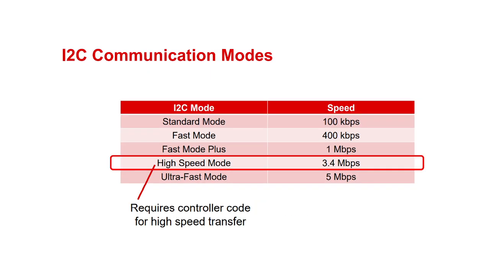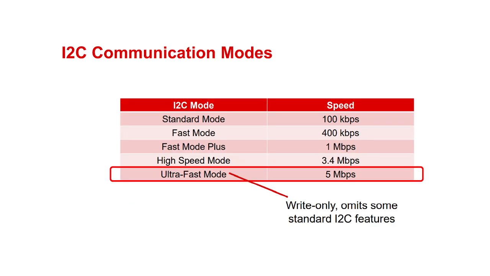High speed mode requires a controller code for high speed transfer, and ultra fast mode is write only and omits some standard I2C features. So these are the different types of communication speeds present in the I2C. Is it fine? Okay.